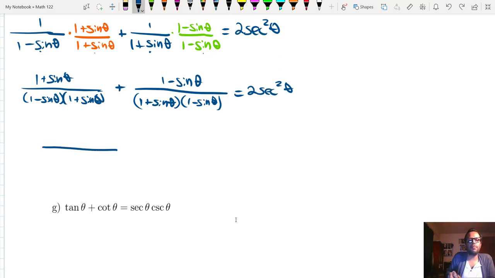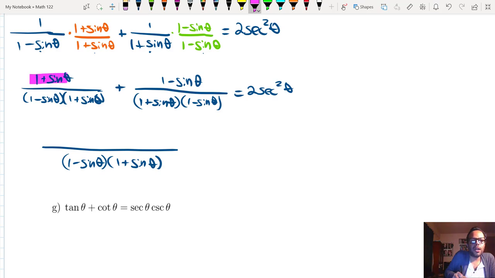So we draw a big bar, 1 minus sine theta times 1 plus sine theta, and we do the corresponding operation in the numerator, 1 plus sine theta plus 1 minus sine.